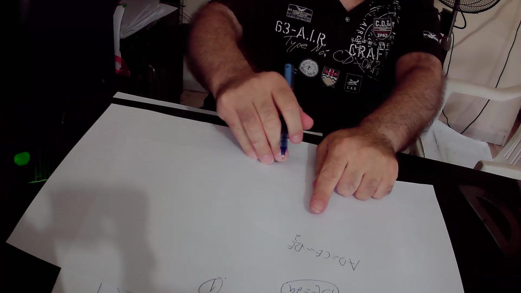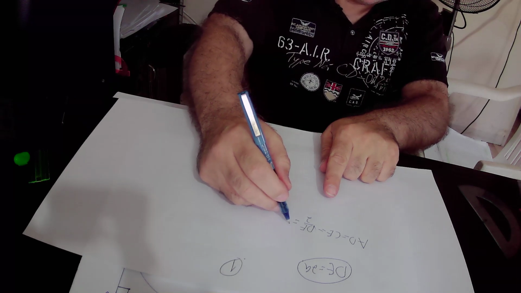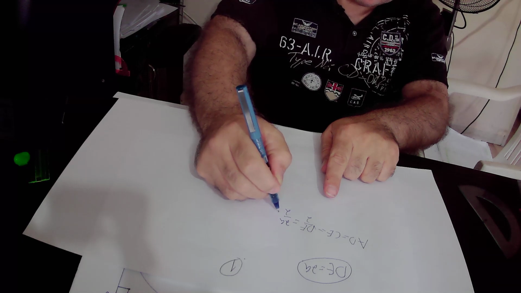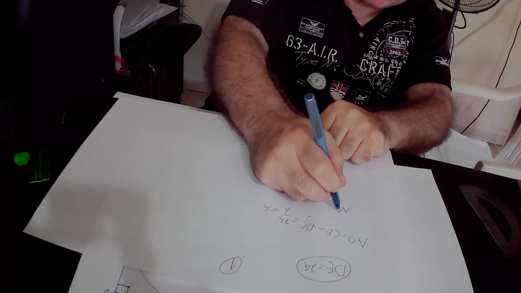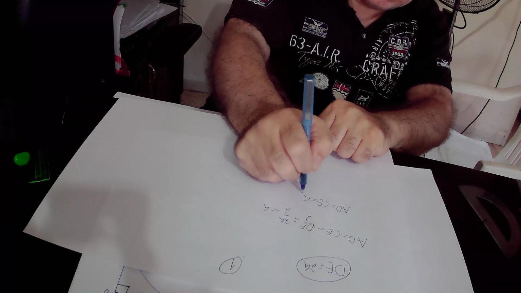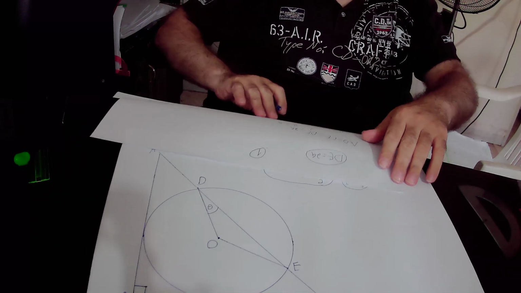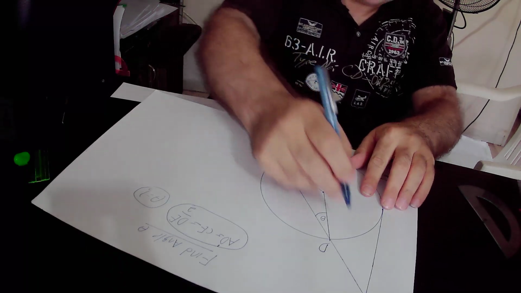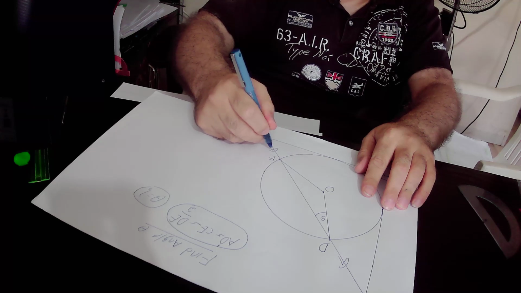But according to our definition, DE equals 2A. So 2A over 2 is A. In conclusion, AD equals CE equals A. So you can write down in the drawing that AD equals A and CE is also equal to A.